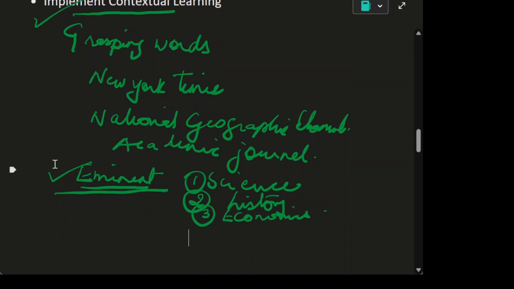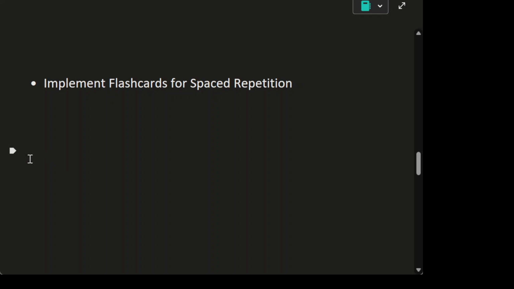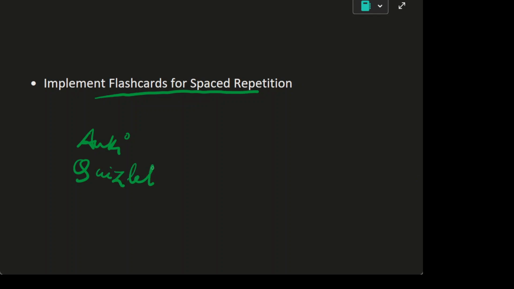Then let us go on to the next one, which is implement flashcards for spaced repetition. Now, what do you mean by this? It means that utilizing flashcards enhances the retention of information over a long period of time. So it is not about just using the vocabulary in a particular context, but you need to be able to retain that as well. What you can do here is utilize certain platforms, which are Anki, Quizlet and Memrise.